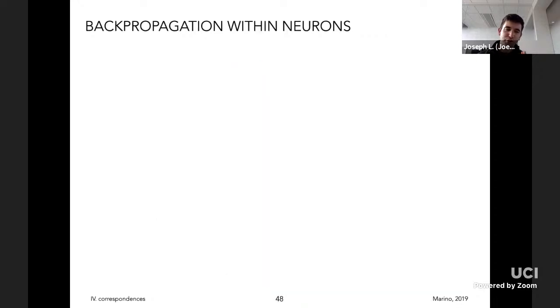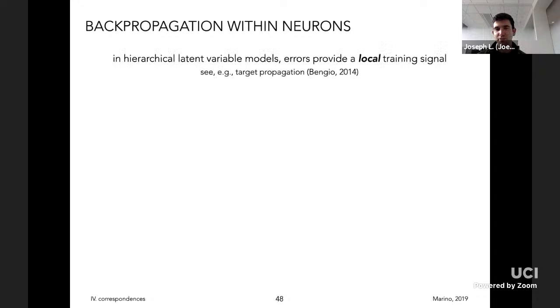And then if you take that correspondence and now think about what that implies about backpropagation, this mythical training procedure that we've been looking for in the brain, it says that we shouldn't be looking for backpropagation across the entire network. And there's actually this idea that's kind of been independently developed somewhat in both machine learning and in neuroscience.